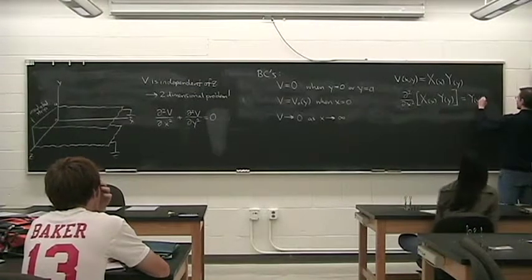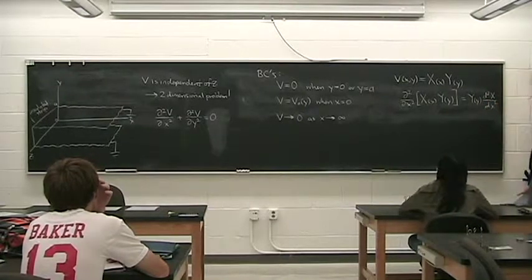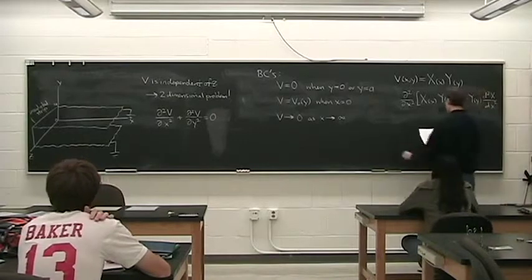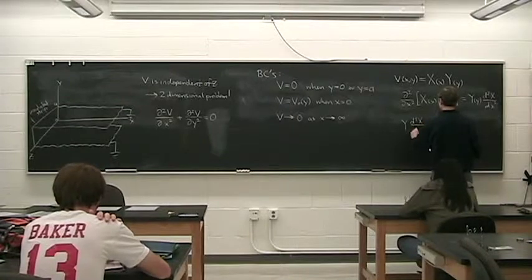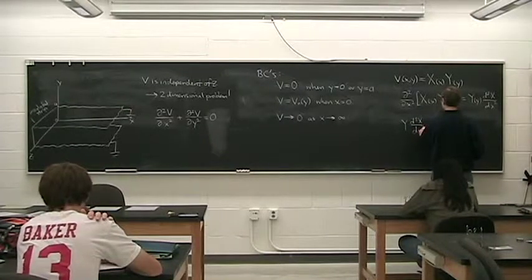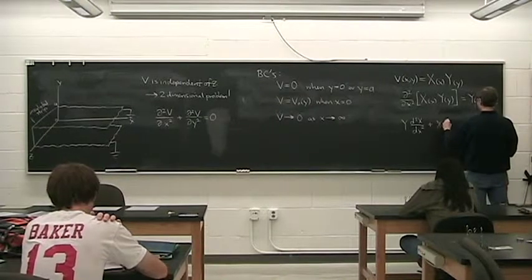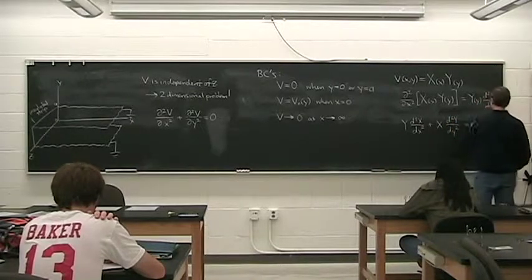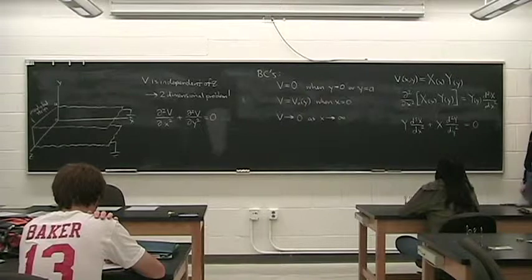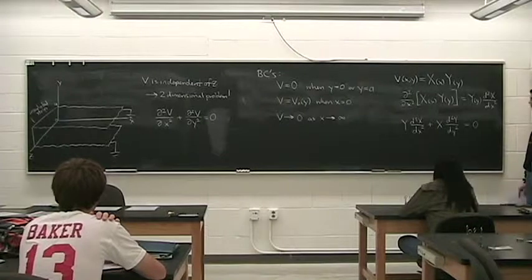So in other words, you get Y of y times d squared X dx squared when you take that derivative. And so therefore Laplace's equation becomes Y d squared X dx squared, plus X d squared Y dy squared equals 0. If we've got a separable solution, this is Laplace's equation for our separable solution there.